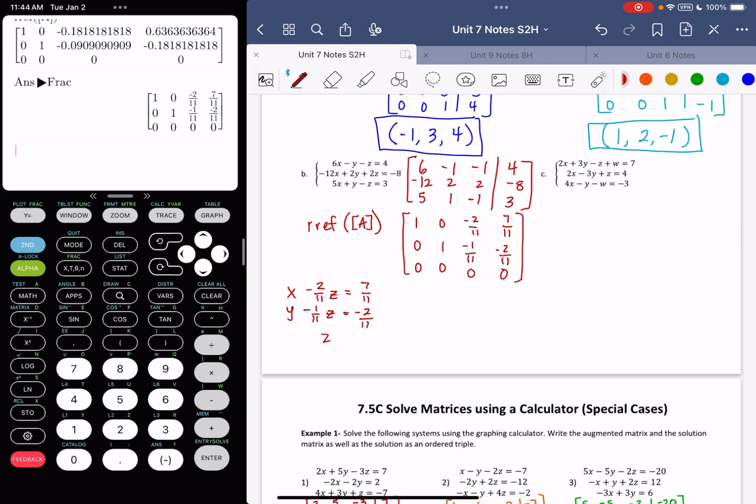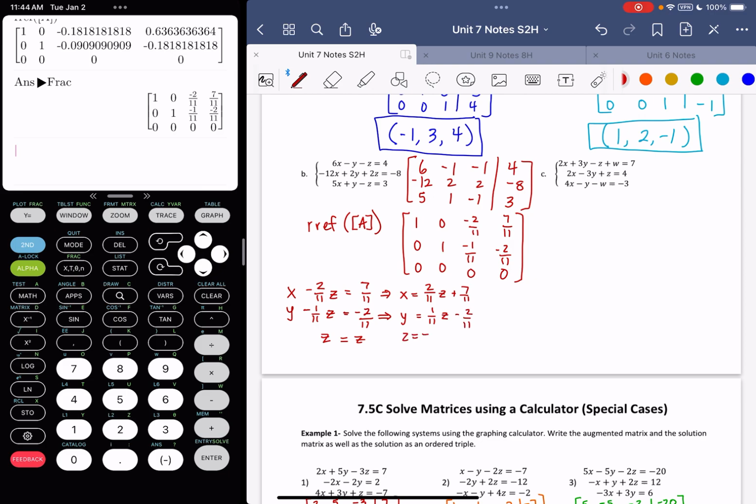So we're going to say in that case, z equals z, because once we know what z equals, then we can solve everything else. So we're going to solve each equation. In this case, x would equal 2 elevenths z plus 7 elevenths. Y would equal 1 11th z minus 2 elevenths.